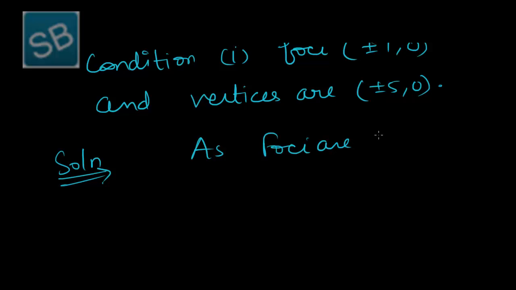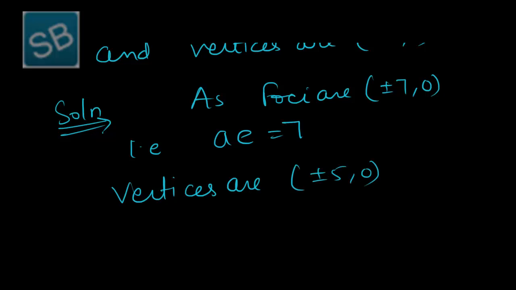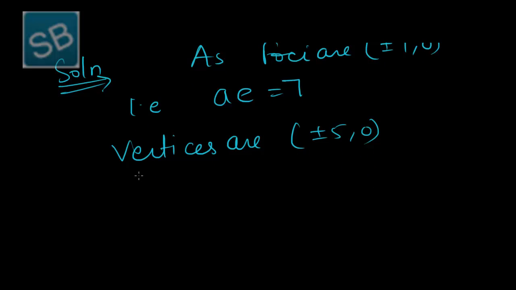As foci are plus minus 7, 0, that is AE is equal to 7 and minus AE is equal to minus 7. So we get AE is equal to 7, and vertices are plus minus 5, 0, that is a, 0 and minus a, 0, that is a is equal to 5.